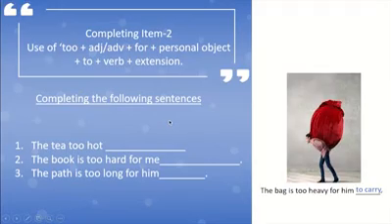Next, my dear students, let's complete the following sentences. The first sentence is: the tea is too hot for him to drink. My second example is: the book is too hard for me to understand, and the path is too long for him to go.